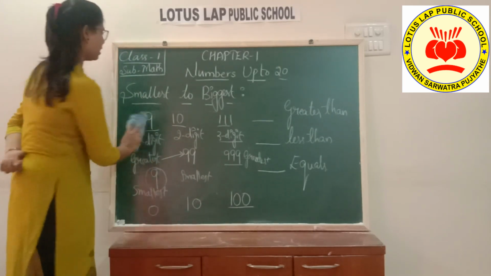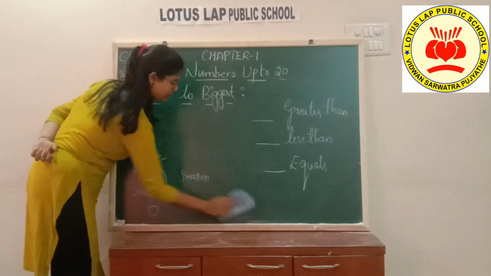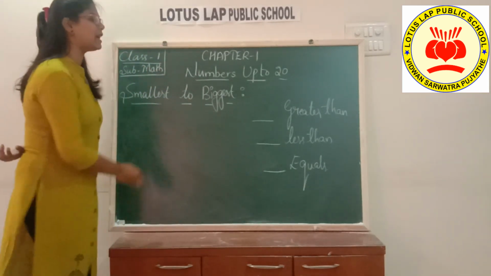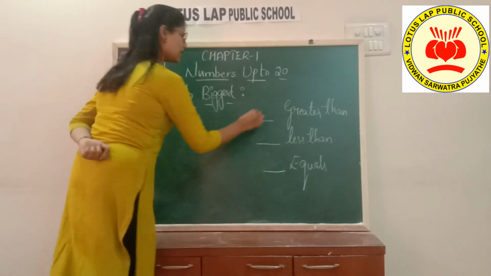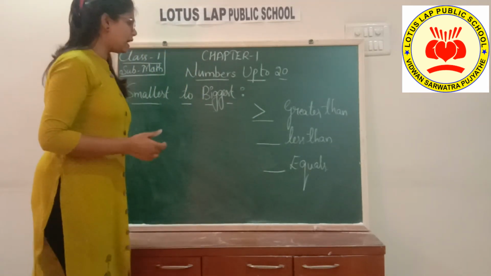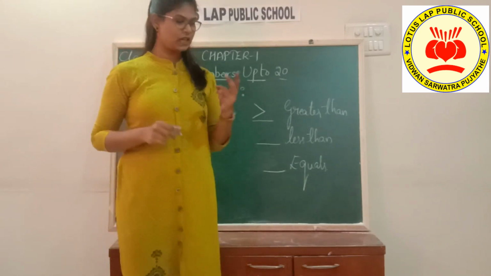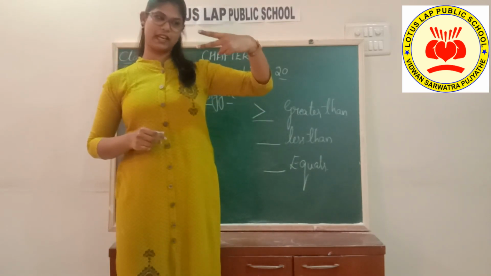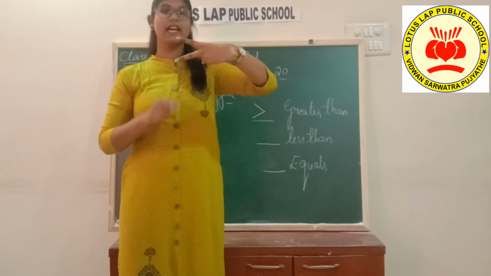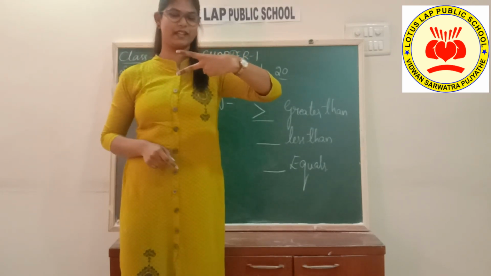Okay, now here what is the symbol for greater than? I already have told you. Greater than. Yes, this is greater than symbol. Here I will tell you with the fingers. See, if you take left hand, this is indicating greater than symbol.